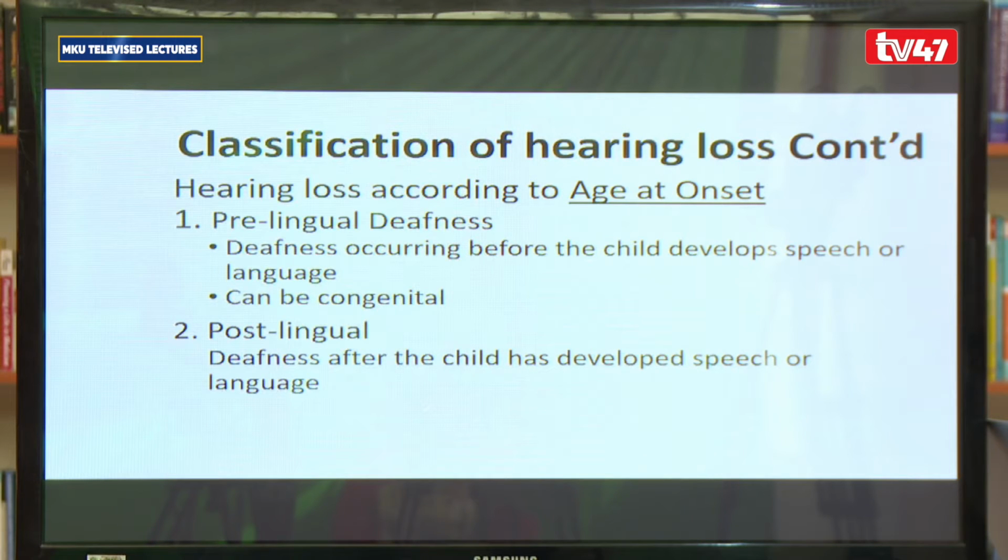Unlike this other one who never got to hear any word being spoken, and therefore even when they read, it's like another language altogether, because they never associate at all with the language of words and speech.